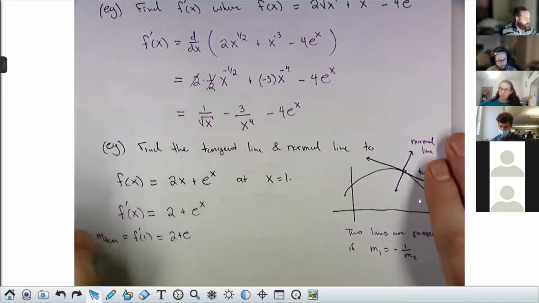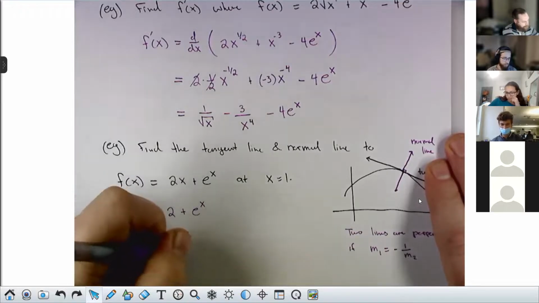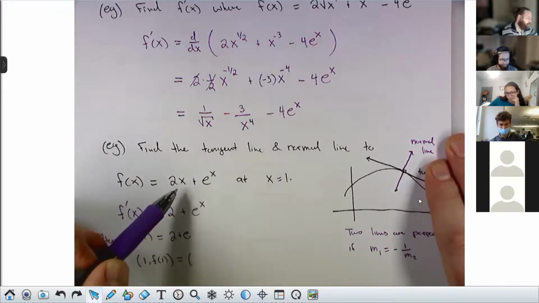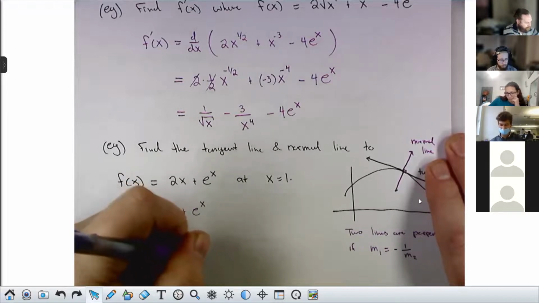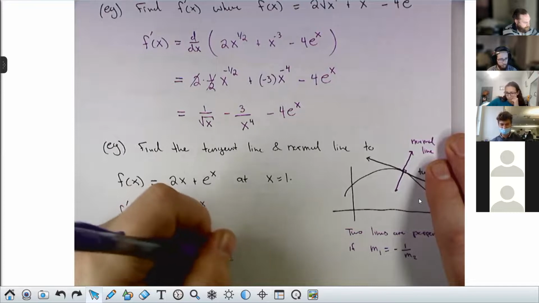And then our point of tangency, that's always a comma f of a. Here it'd be 1 comma f of 1. So if you plug 1 into the original function, what do you get? Well, you get 2 times 1, which is 2, plus e to the 1. The x value is 1, and the y value is 2 plus e.